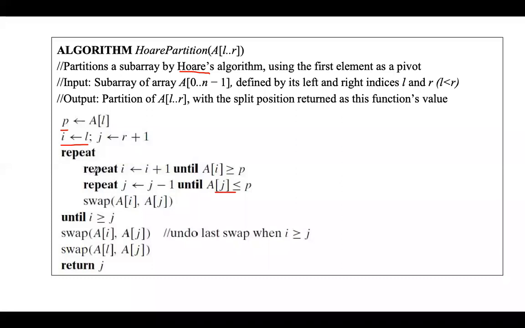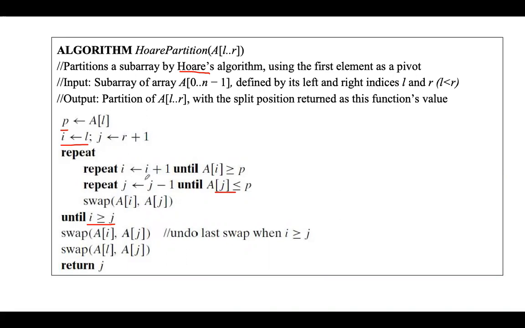And you will be repeating this step until this condition is true. What is this condition? I should be greater than or equal to j. Once I becomes greater than or equal to j, we will stop these steps.